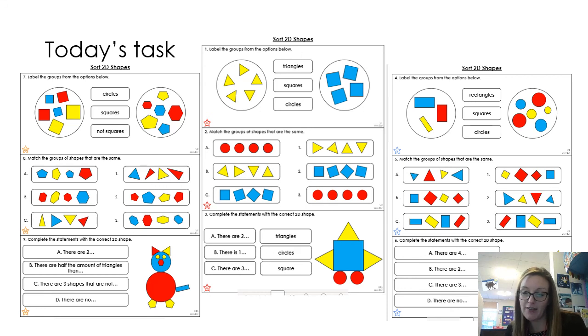So you need to look carefully at the shapes and see if you can find the shapes that are the same. And the last task, task number three on the sheet, there are some pictures using shapes, and your job is to look carefully and see what shapes have been used and fill in the information. So good luck, we can't wait to see your photographs of your completed work.